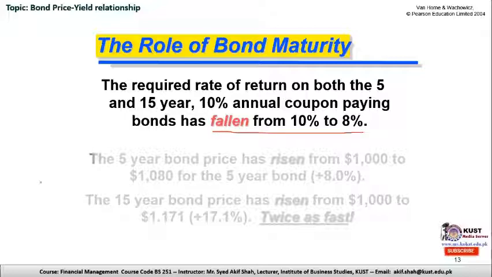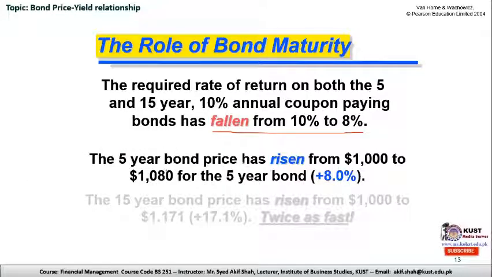This is our condition. The 5 years bond price has risen from 1000 to 1080. And if you would like to find the percentage increase in its bond price, the change in the bond price is 8% with 5 years of maturity.